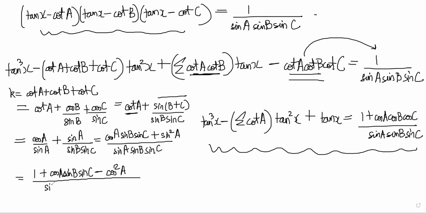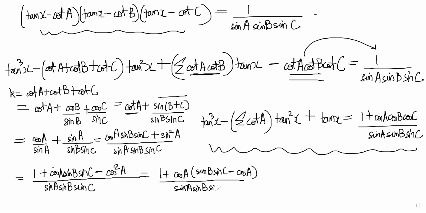Divided by sin A sin B sin C. Now, taking cos A common between these two terms, I'm getting 1 plus cos A times (sin B sin C minus cos A), divided by sin A sin B sin C.